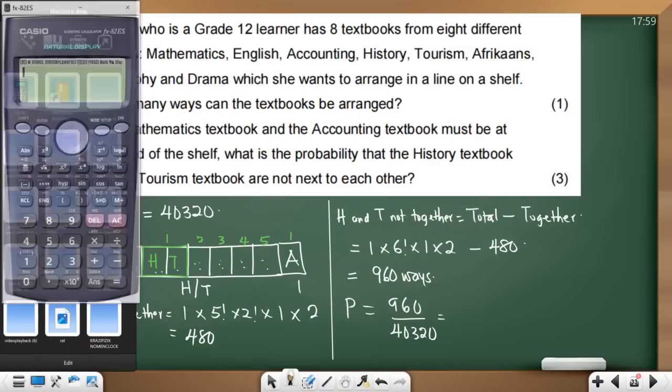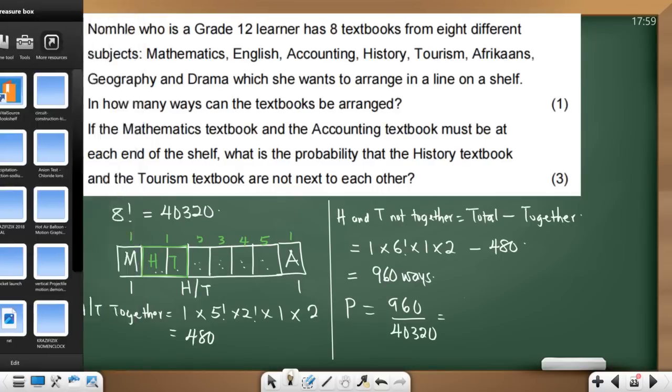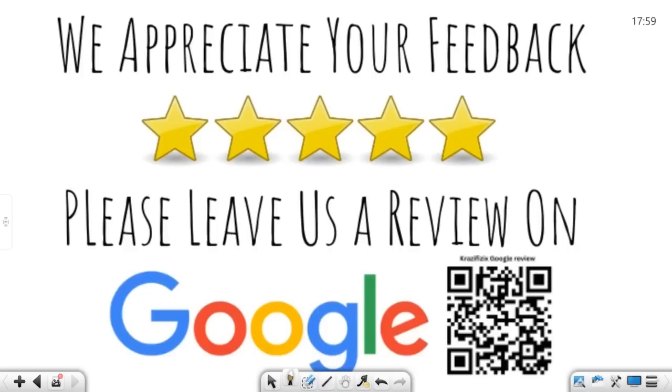Let me get a calculator quickly. 960 over 40320. All right, probability must always be less than 1. Great. Okay, done with the paper.